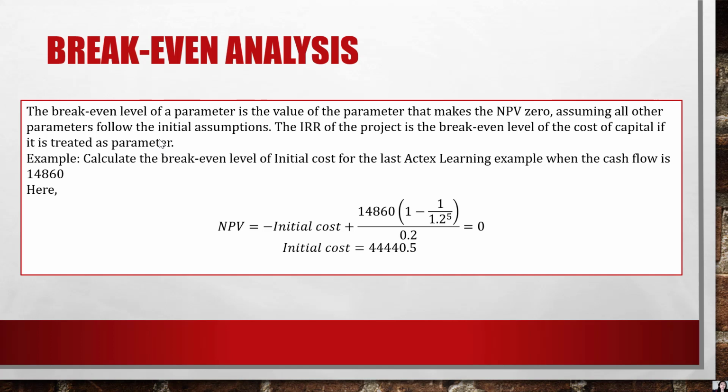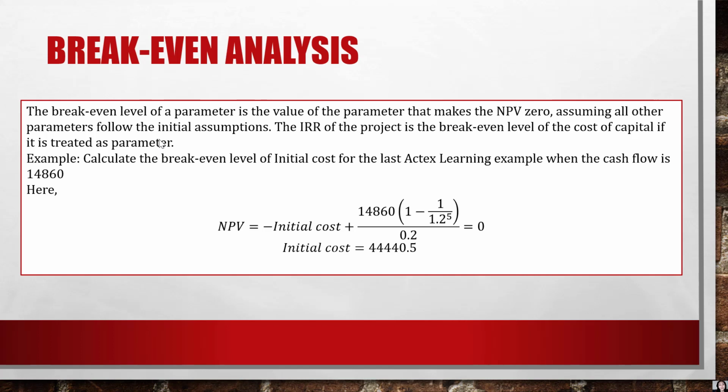For example, now we go back to the assumption of the attack learning example, and for example, we already have the cash flow is 14,860, and now we wonder what is the initial cost that makes NPV 0. That means we have to calculate the break-even level of the initial cost.